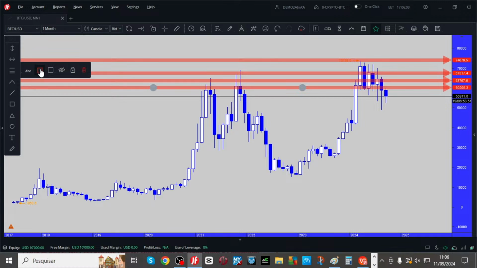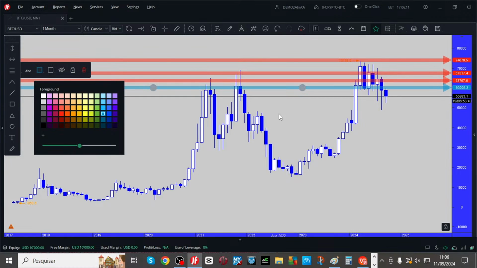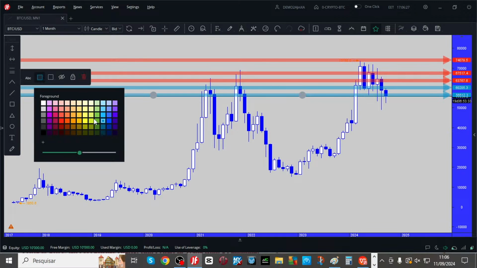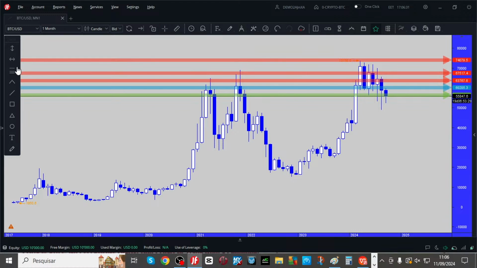Back down to here. This would be a pivot point, because you have this high connected to this low. And scrolling down. Now we have this low in here, right? That's a low, so it's support. And scrolling down.